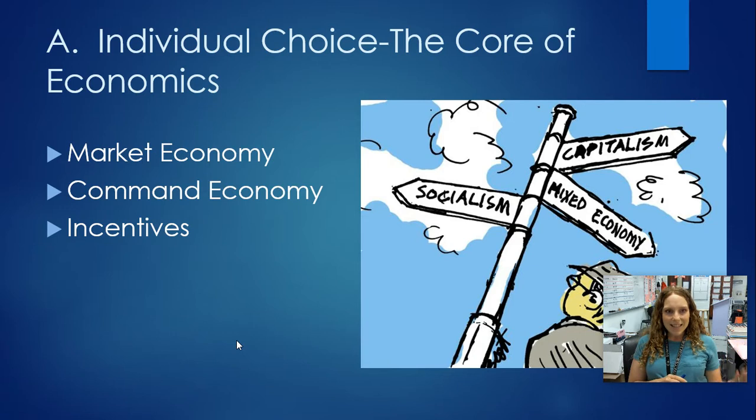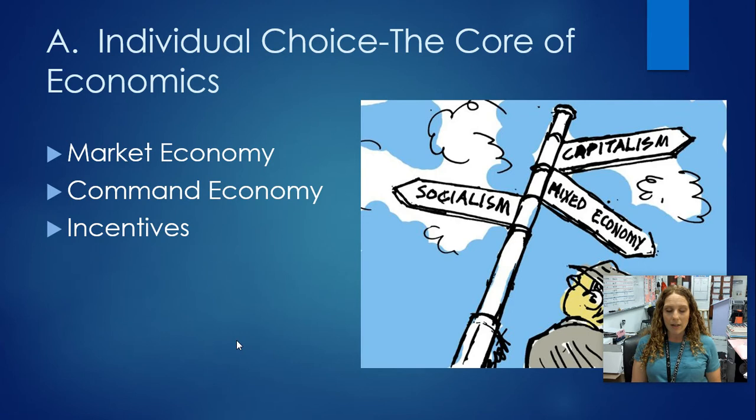And that is that incentive that drives a market economy because this goes back to people being self-interested. This goes back to people doing things that are going to make them better off. We are incentivized in that market economy to make certain economic decisions because of those rewards or to avoid punishments. Those are those incentives.